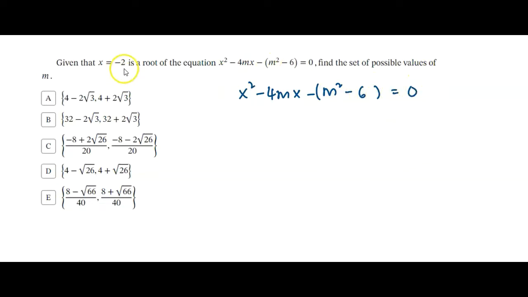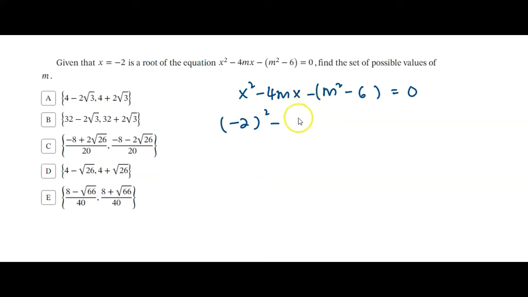You can just substitute negative 2 into x. You will get 0, meaning that it will satisfy this equation. So when you substitute negative 2 into it, the left hand value will be equal to the right hand value, meaning that the left hand value will be equal to 0.